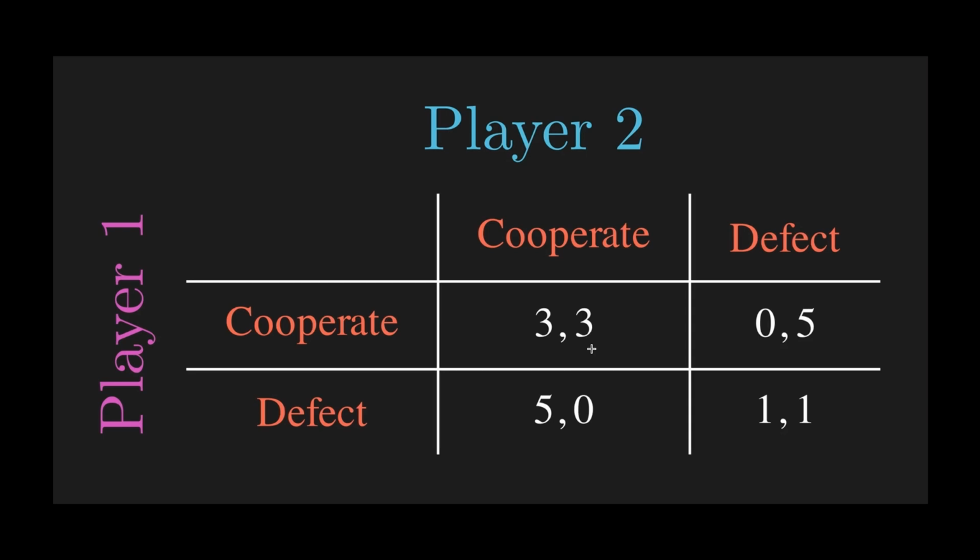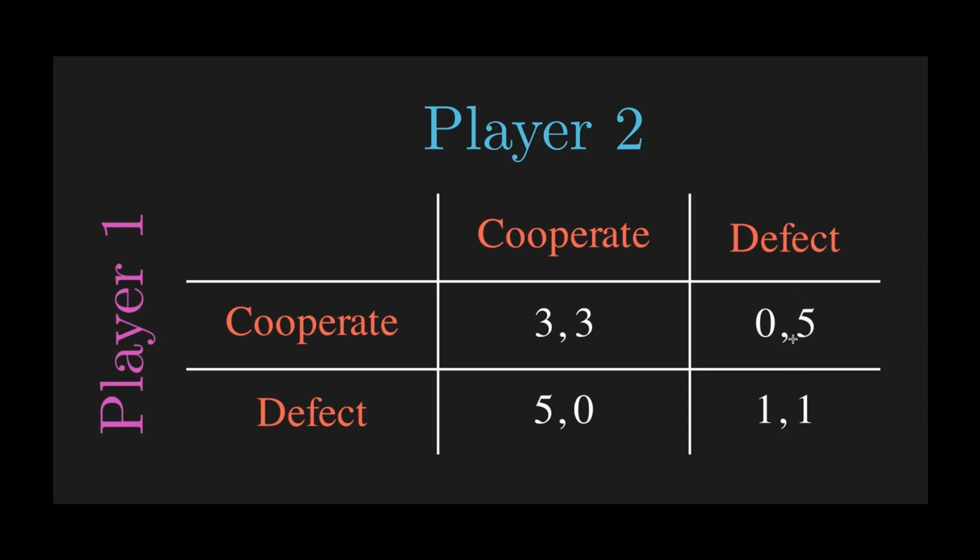But if player one chooses to cooperate and player two chooses to defect against them, player one is playing nice, player two is playing mean, and player one gets screwed over. So they get a payoff of 0, and player two gets a very high payoff. Player one is trying to cooperate, and player two refuses. They defect against them.